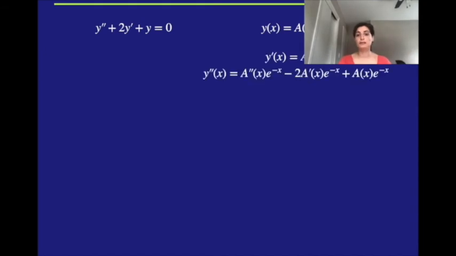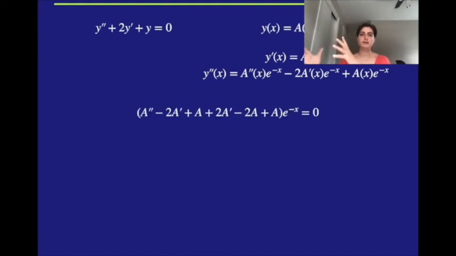How we do that, as we have done a couple of times already, is we take the various derivatives. y prime has a prime appearing and minus a(x). Y second, we just keep going. There is always the exponential of minus x everywhere, so we can simplify that. But y second will have a double prime appearing, minus 2a prime, plus a.